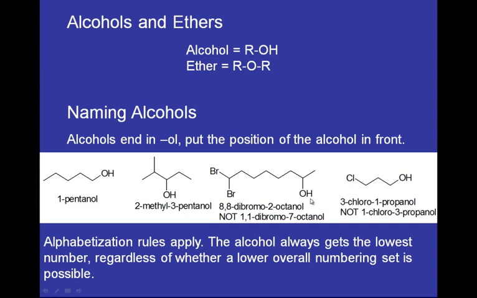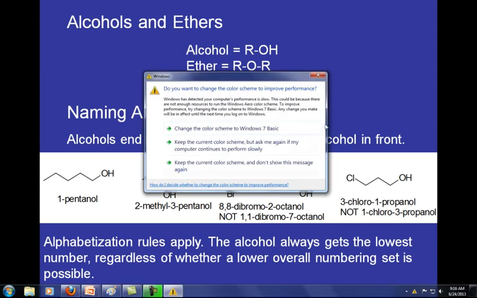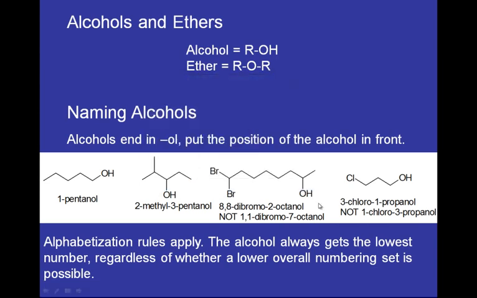This one here is 8,8-dibromo-2-octanol. This reflects the notion that the name of an alcohol is going to be determined by the positioning of the alcohol on the chain and not by the lowest possible numbering set. So we want the lowest possible number for the alcohol on the chain. So this would be numbered 1, 2, 3, 4, 5, 6, 7, 8, and not the other way.